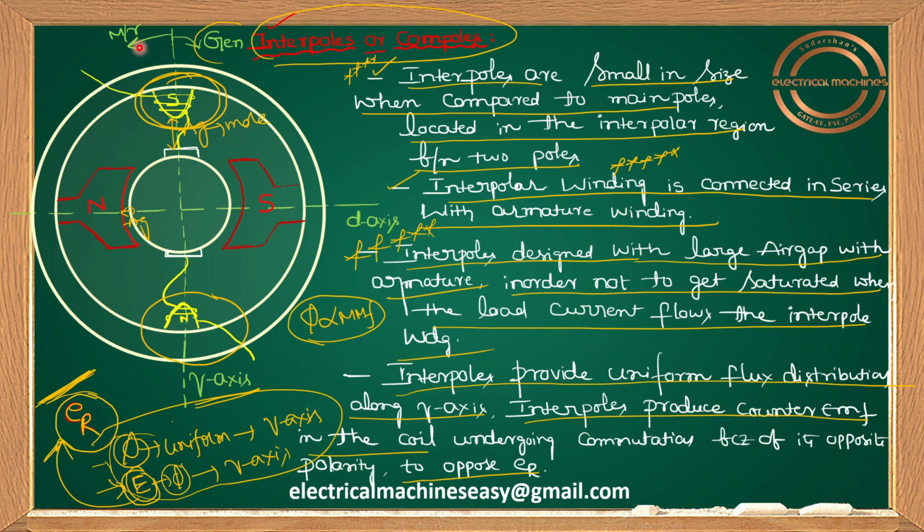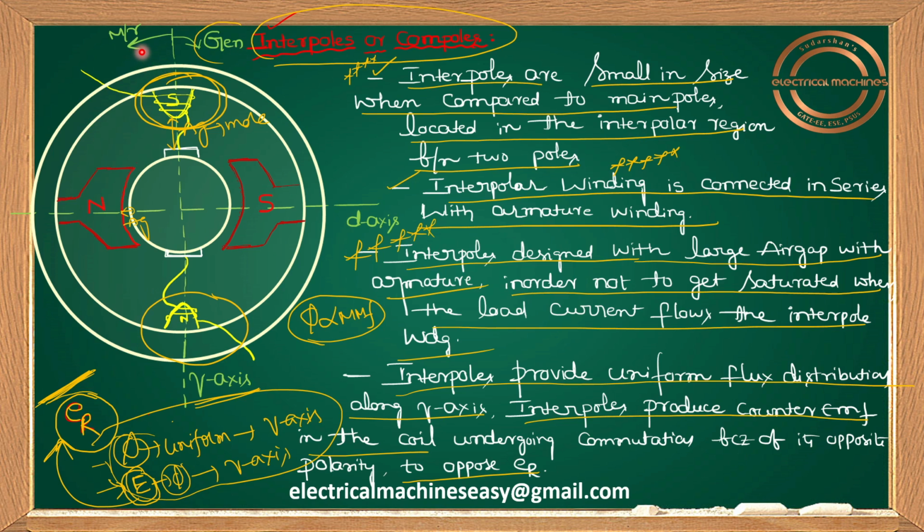Or, let me take the reference as a motor. The direction of the motor means anti-clockwise in our example. If you want to decide the polarity of this interpole, what is the main pole which is behind? Previously, while discussing the generator, I took the ahead main pole.